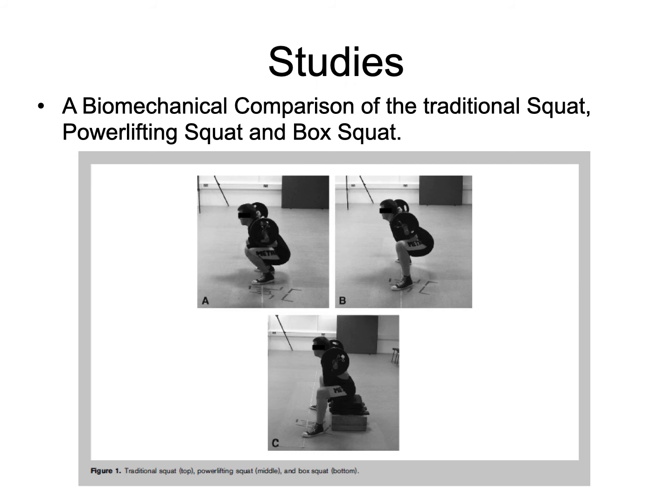Obviously, both the powerlifting squat and the box squat are popular exercises used by athletes other than weightlifters to develop strength and power. So in this study, the subjects were 12 people, average age 27, with a minimum of 3 years experience with weightlifting.